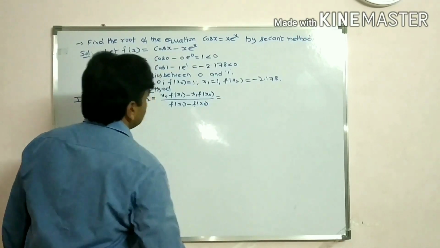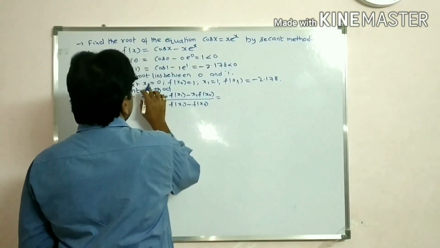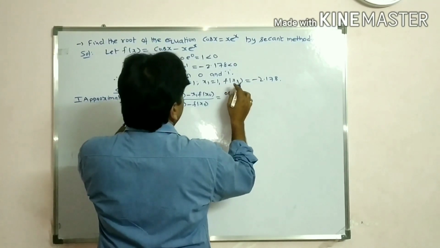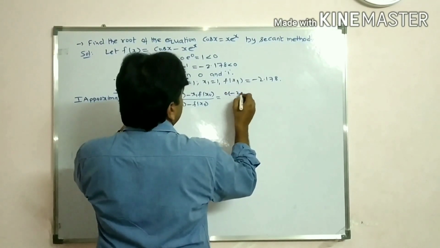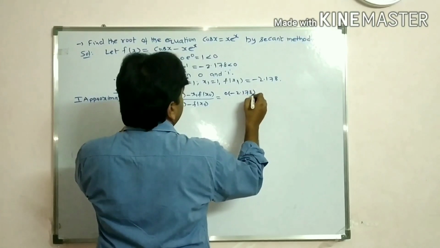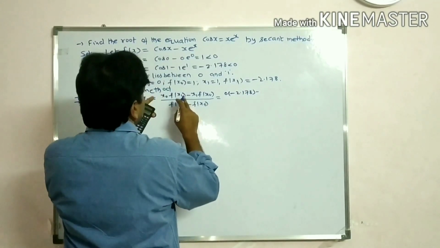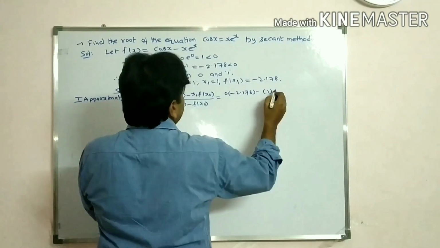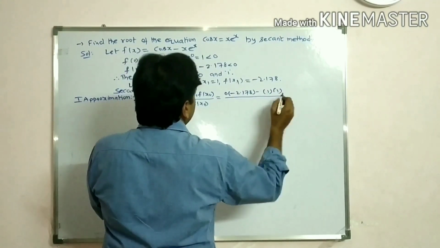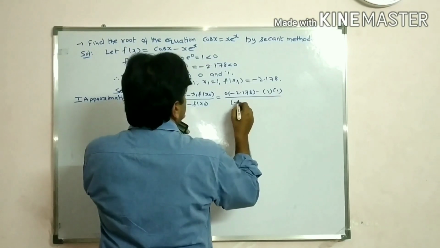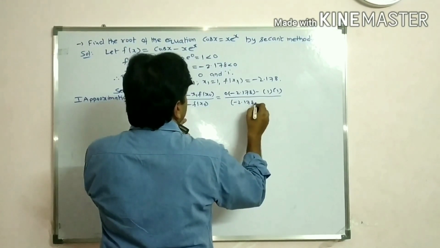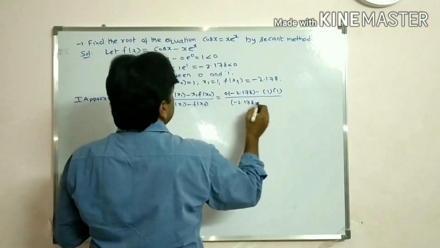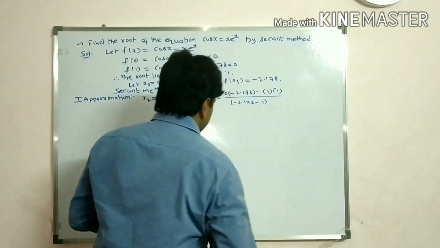So that is equal to x naught, which is 0, into f(x1), which is minus 2.178, minus x1 value is 1, f(x naught) value 1, divided by f(x1) minus 2.178 minus f(x naught) value is 1.